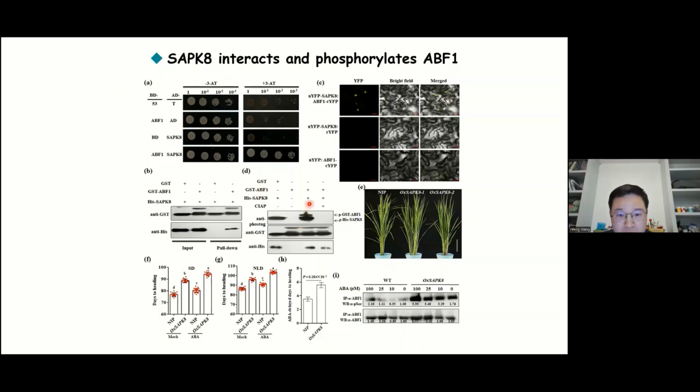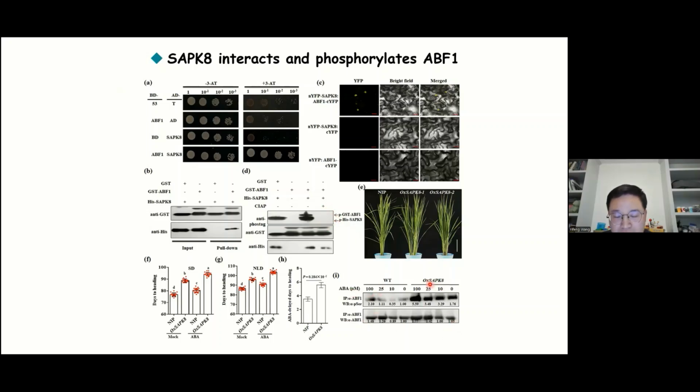We can see when we put these two proteins together, we can detect a phosphorylation band. However, when we treated with CIP phosphatase enzyme, this phosphorylation band disappeared.